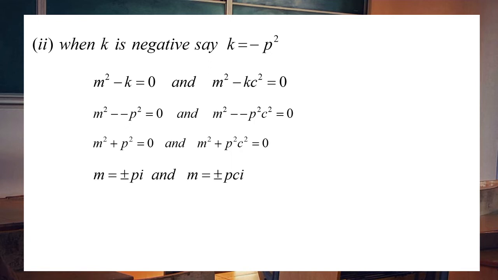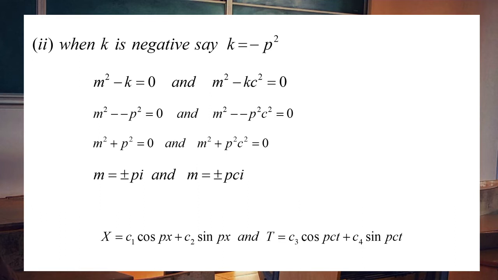That is m equal to plus or minus pi and m equal to plus or minus pci. The corresponding complementary functions are X equal to c1 cos px plus c2 sin px and T equal to c3 cos pct plus c4 sin pct.